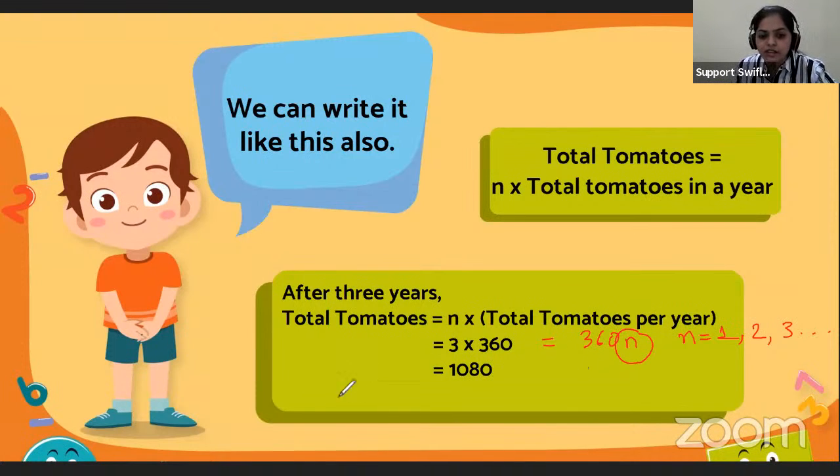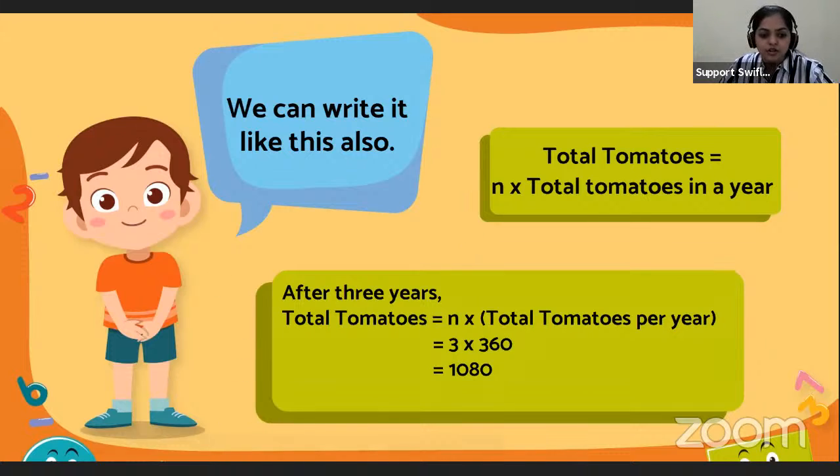If we want to find the total tomatoes after the second year, then its value will be 2 into 360, that is equal to 720. So we can find the total tomatoes after any year using this pattern, that is 360 into n. Got it? And this is actually the application of algebra.